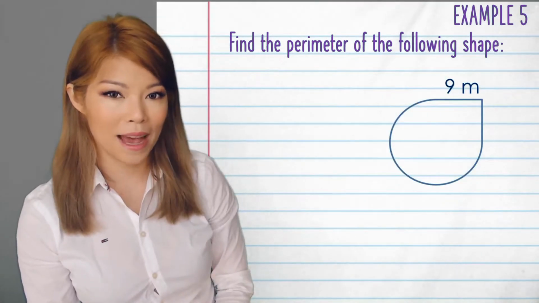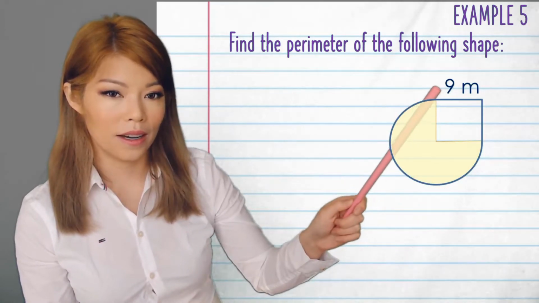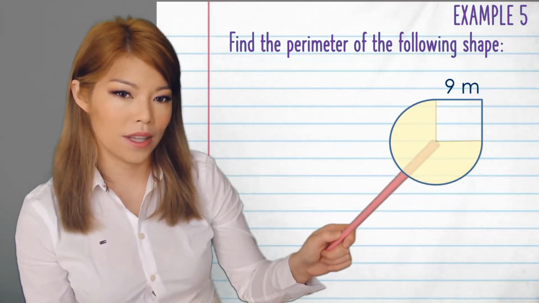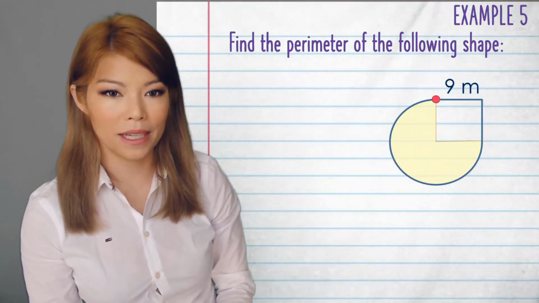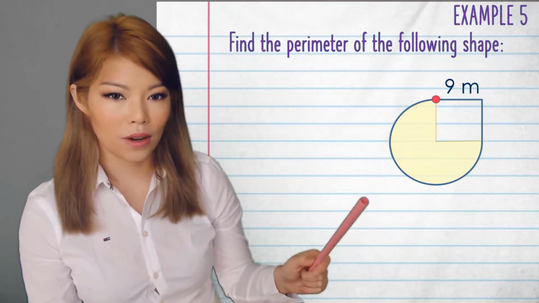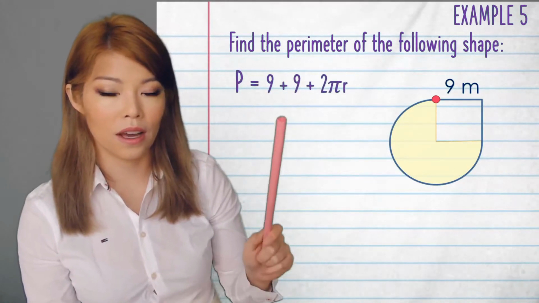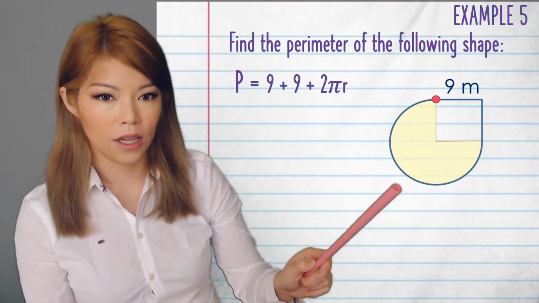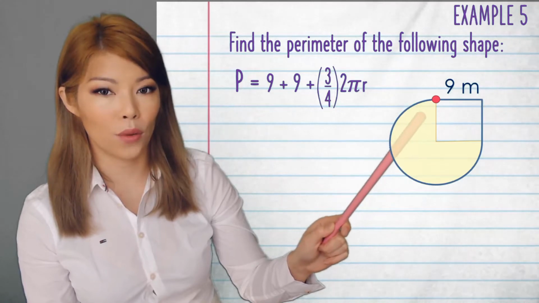What about this example? We can cut this shape into 3/4 of a circle and a square. Now we notice that if we do that the radius of the circle is now 9 meters. So I'm going to put a dot there so I know that I'm going around. Let's go clockwise, and I've added all the values. So I have 9 for that top value there, then another 9, and then 2 pi r, but it's 3/4, so I have to times it by 3/4.